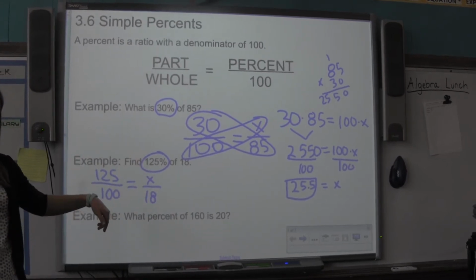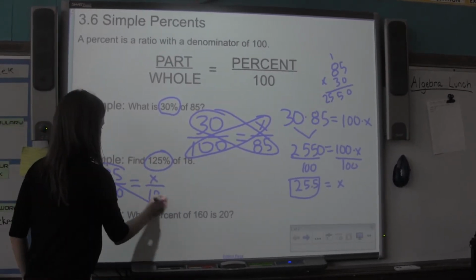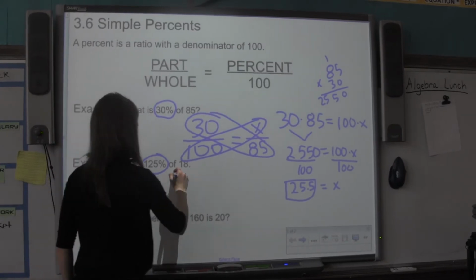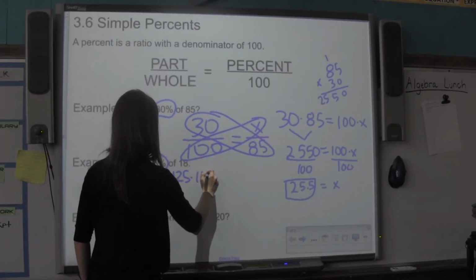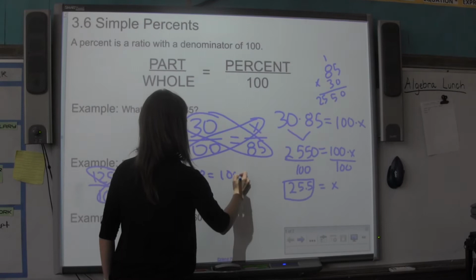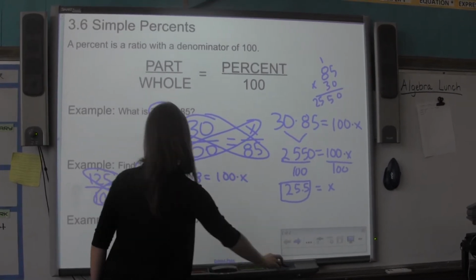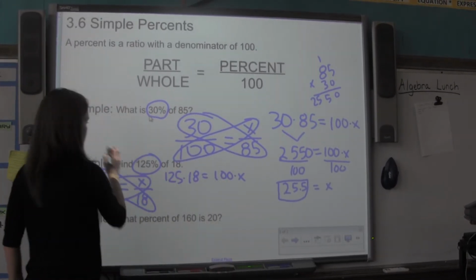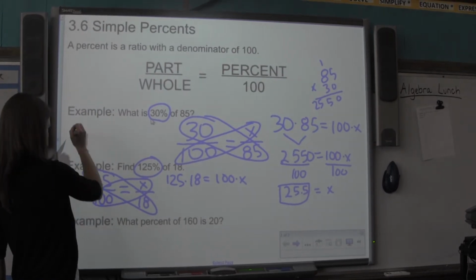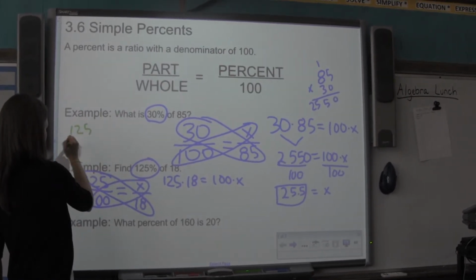Should I work that out? Okay. So I'm going to take 125 times 18 equals 100 times x. And then over on a scrap, I'll do 125 times 18.